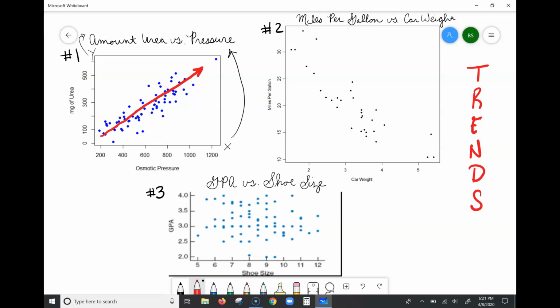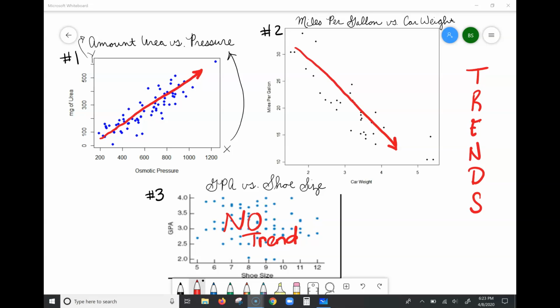If you look at number 2, that is actually a decreasing trend because from left to right, the dots move down, okay? And then number 3 is an example of no trend because the dots don't lead you in an upward or a downward direction as you look at them from left to right. They just look like they're scattered all over the place.